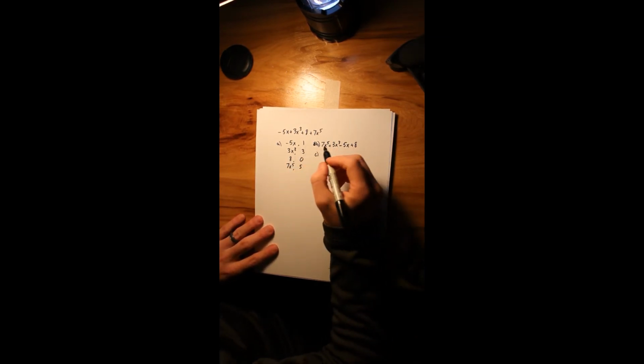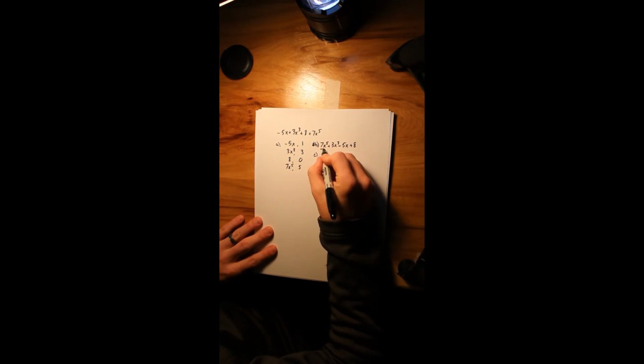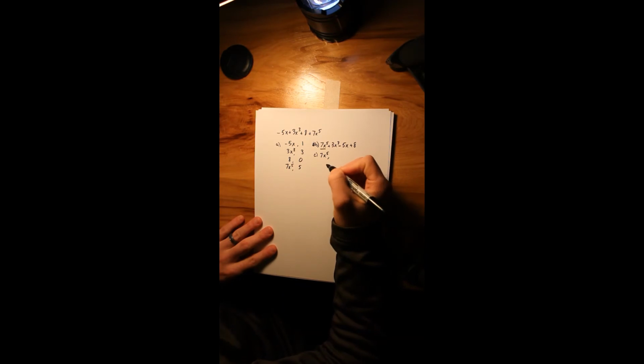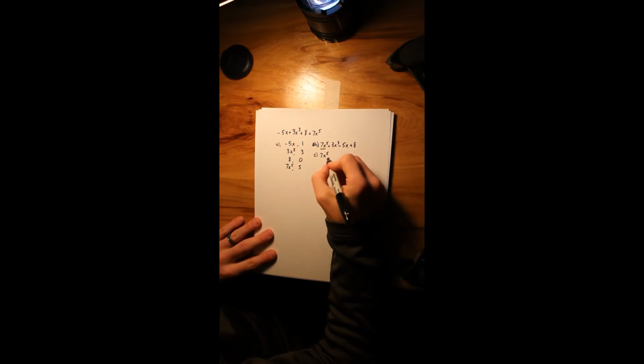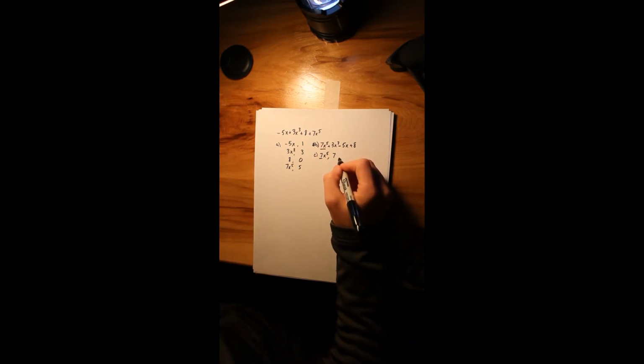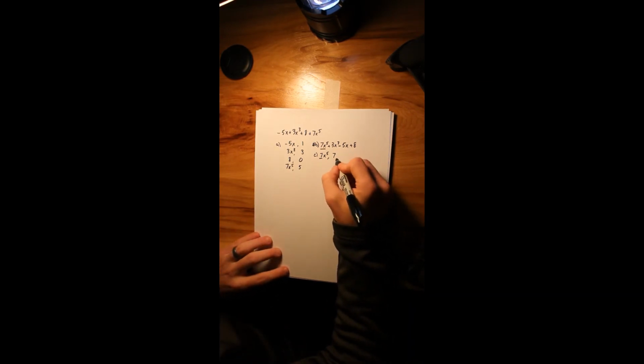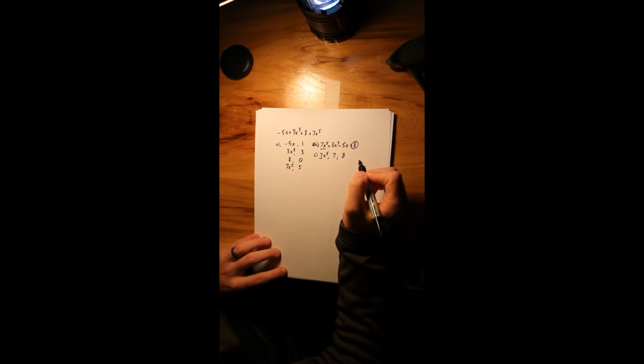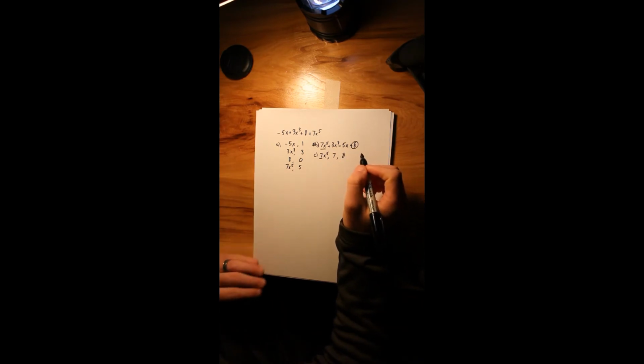Leading term, well, that's the term with the highest power, so 7x to the 5th. Then it says the leading coefficient, which is the number in front of the term with the highest power. And the last thing says, what is the constant term? And that's just the term with no variable.